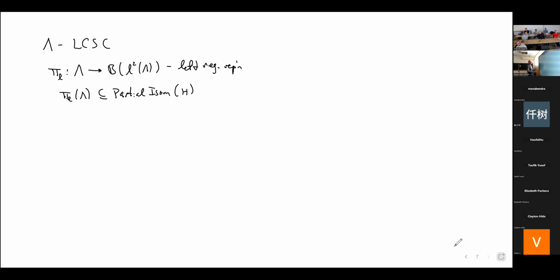This is just identifying something about the image of the representation. It's contained in the partial isometries, but these don't have a good algebraic structure. But the composable morphisms in lambda will be mapped to composable partial isometries. So it's a nice subcollection, and it inherits the multiplication structure from lambda because it's a representation.